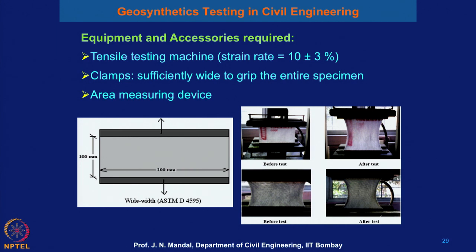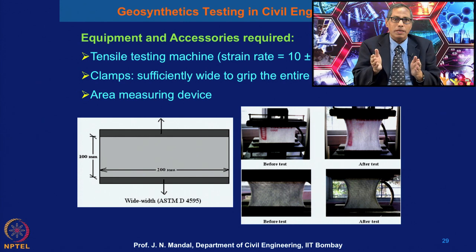If it is an ISO specification or International Organization for Standardization specification, the tensile machine strain rate will be 20 plus minus 3%. So, strain rate is very important. Remember the strain rate of the machine to perform the wide width tensile strength test of the geosynthetic material, and that is 10 plus minus 3%.